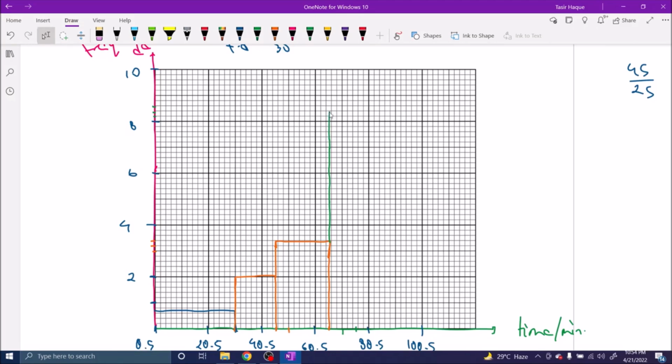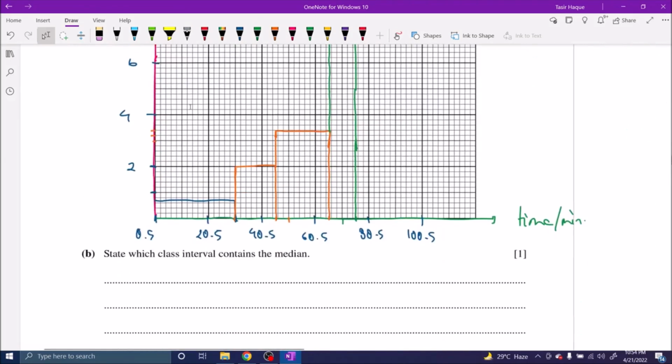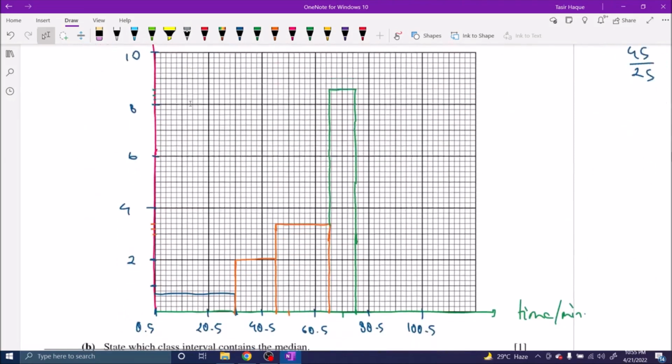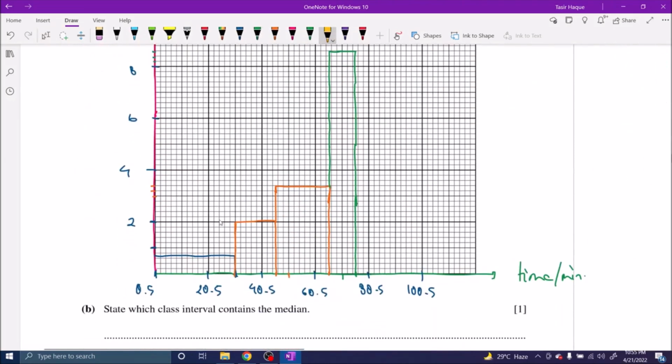So this will continue till 75.5, this point over here. Kind of like this. What about the last one? It's going to go till 100.5 and it's going to be at 1.8. So 1.8 is over here, 1.8 till 100.5. Okay, this works.